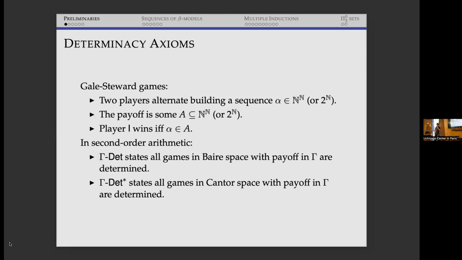Here we're going to consider payoffs both in the Baire space, so the players can choose any natural numbers, and Cantor space, so only 0 and 1, because at the lower levels of determinacies, you have a difference there. In Morris notation, gamma determinacy is going to be determinacy for games in gamma in the Baire space, and if you put an asterisk, it's going to be determinacy for the Cantor space.